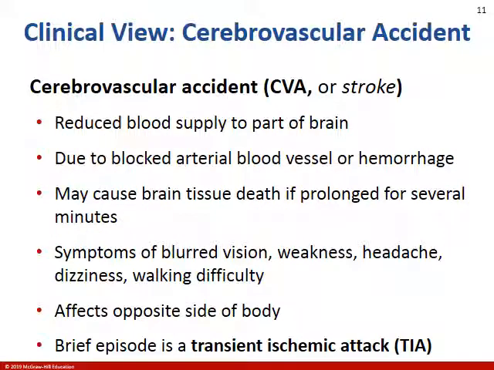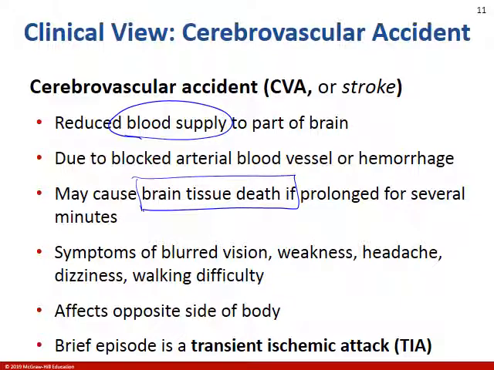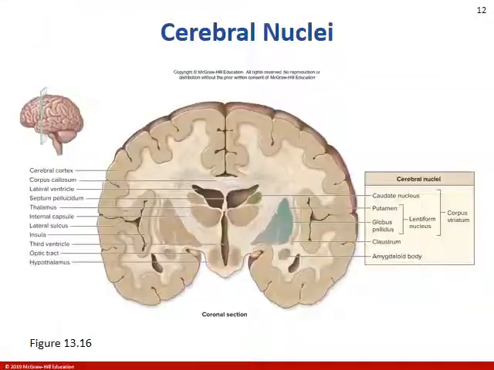In talking about how the brain is wired and how all of these neuron tracts are navigating through brain tissue, we could see that if you had blocked blood supply, it could cause brain tissue death. And if you remember, the left side controls the right side of the body. So if you had damage to tissue on the left side, it would show up in decreased right side movement. So it affects the opposite side of the body.